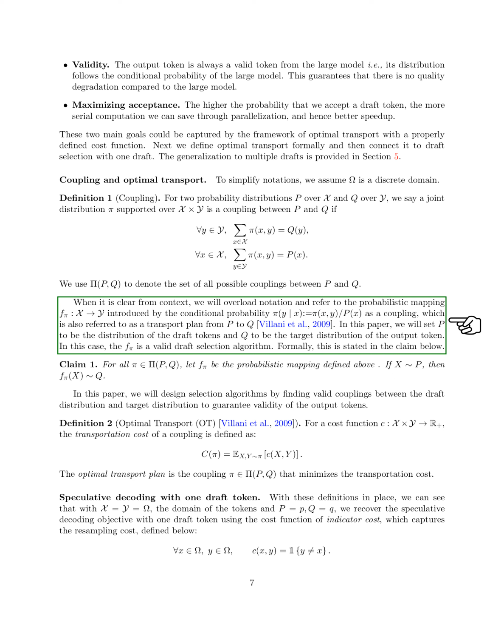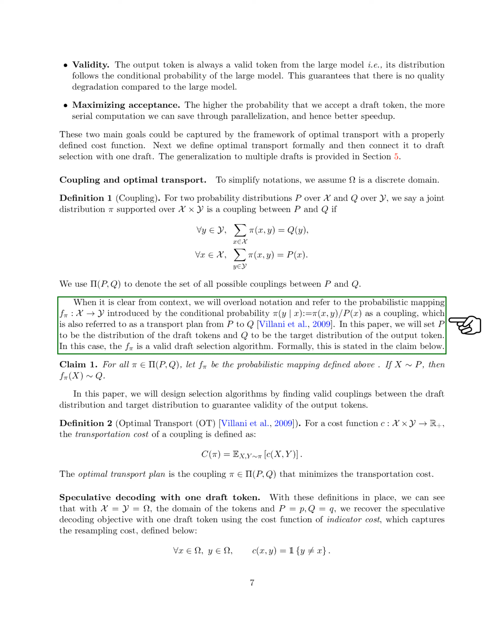We can make a claim here. For all pi in Pi(P, Q), let f_pi be the probabilistic mapping defined above. If X follows the distribution P, then f_pi(X) follows the distribution Q. We'll design selection algorithms by finding valid couplings between the draft distribution and target distribution to ensure the output tokens are valid.